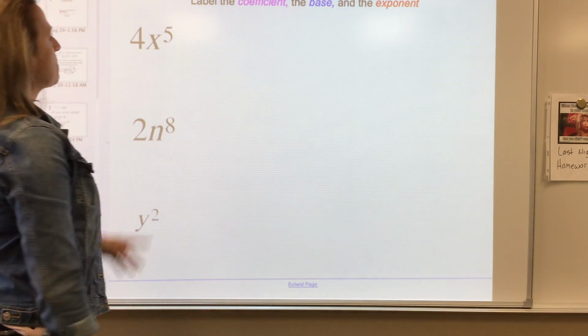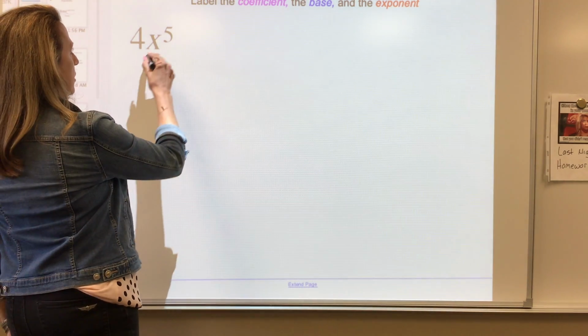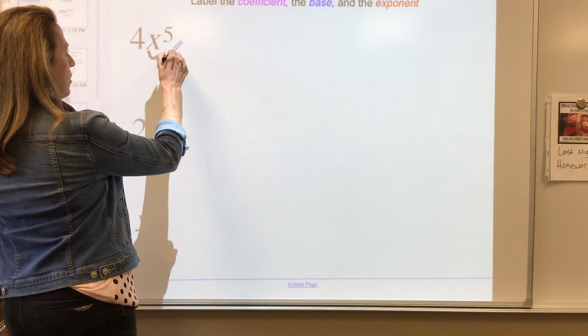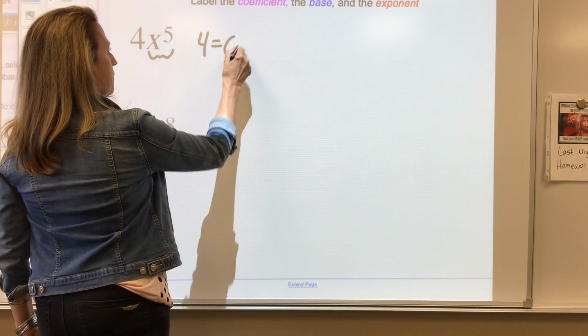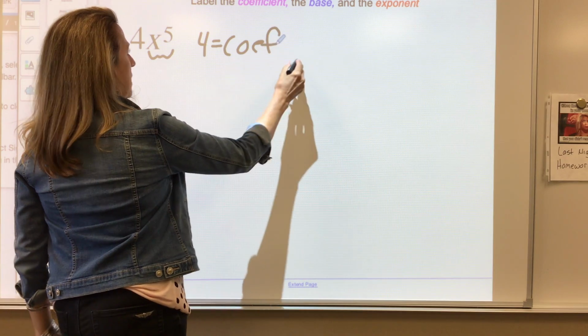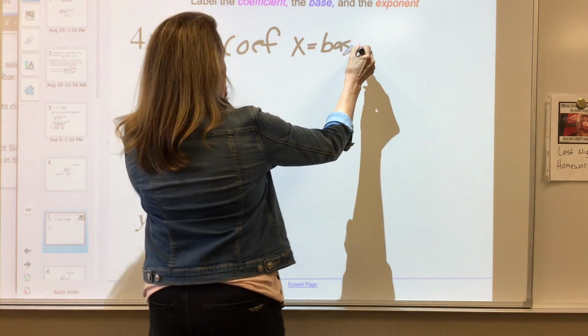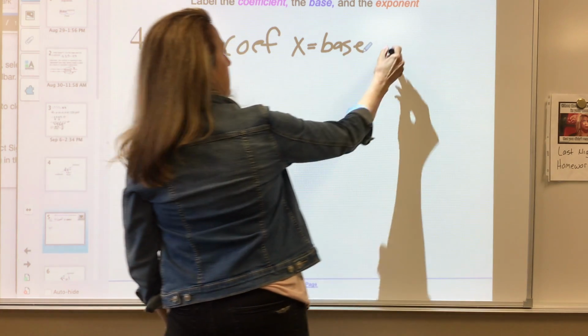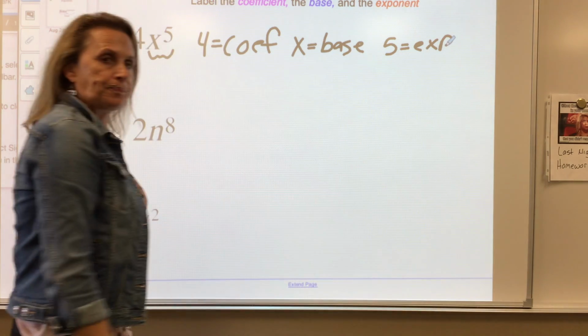So let's just label these. We're not going to do anything with them. We're just going to label them. So here's my power, x to the 5th, which means that 4 is my coefficient. And I'm just going to abbreviate. X is my base, which means 5 is my exponent.